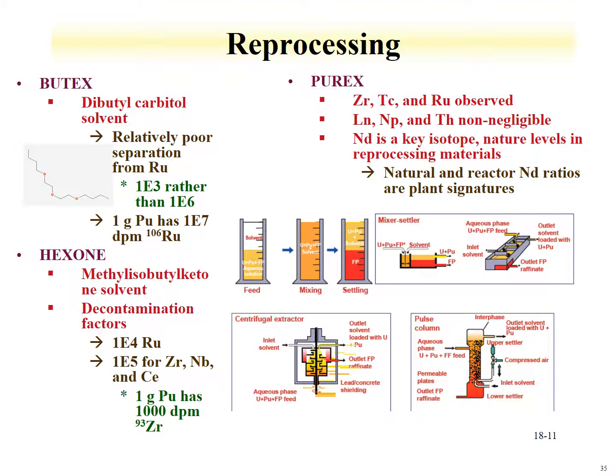For instance, in a Purex process, the uranium and plutonium would be going into the organic phase. Or a pulsed column, where an aqueous phase is fed into the top and migrates down to the bottom of an organic-containing column. The separation occurs during the migration down, and then one could pull off the organic phase, which is then loaded with, in this case, a Purex process, uranium and plutonium.